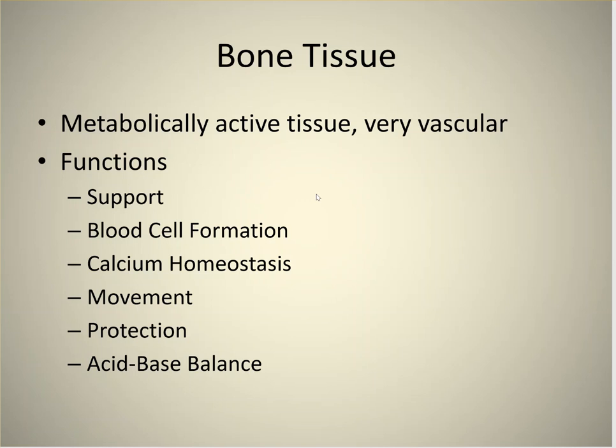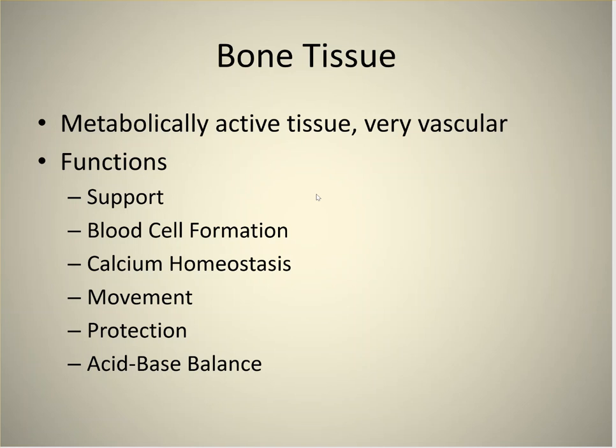But of course, blood cell formation, hemopoietic tissue in red bone marrow where all the blood cells are made. Calcium homeostasis. It's a huge reservoir for calcium to make sure your blood calcium stays constant. And of course, it allows movement by muscle attachment and moving bones.